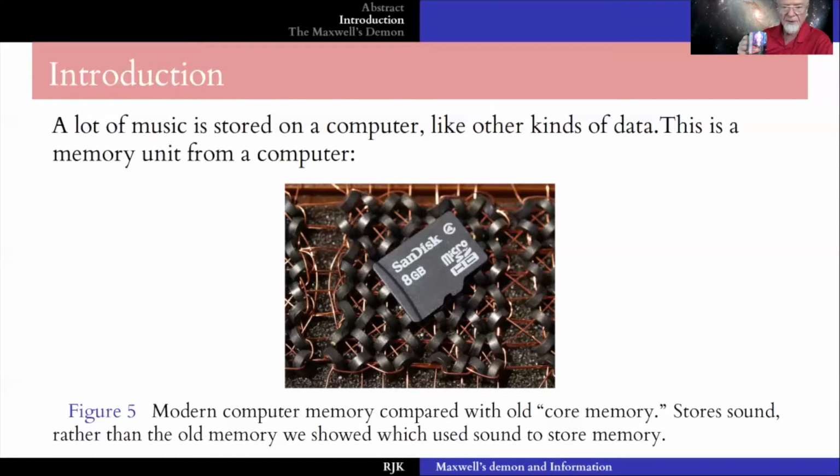Both of those computers were using these old cores. And the reason that they used them was because they were very, very stable. And there's a lot of stray radiation in space from the sun.